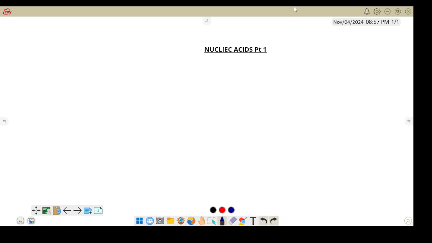So now we're dealing with nucleic acids. We have two of them. Make sure you write this diagram somewhere, in your book, so that you can use it for revision.